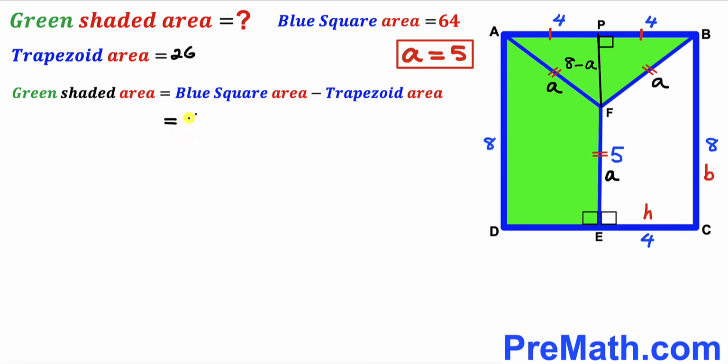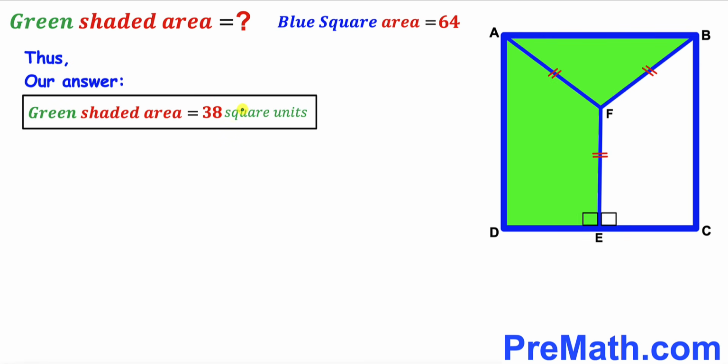So we got 64 minus 26, which is going to give us 38 square units, the area of this green shaded region. Thus after all the calculations and manipulations, the area of the green shaded region turns out to be 38 square units. And that's our final answer.